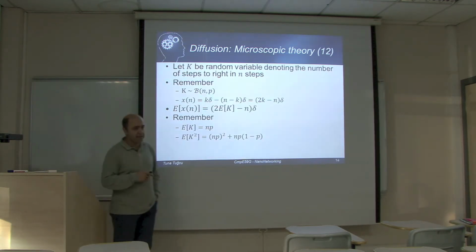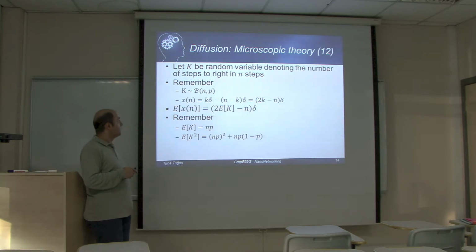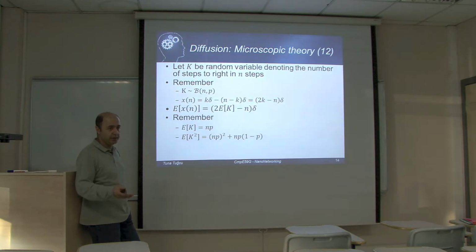Now let K, uppercase, represent the random variable which shows the number of steps to the right when you have taken n steps. Out of n steps, how many of them are to the right? That's what the random variable K represents. Now, in the previous slide, we said that that was a binomial distribution.